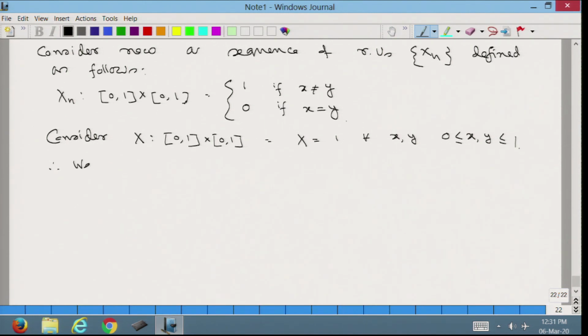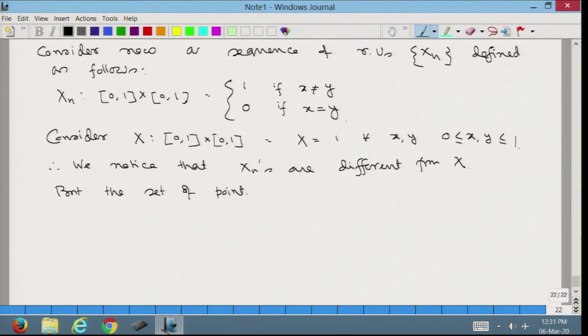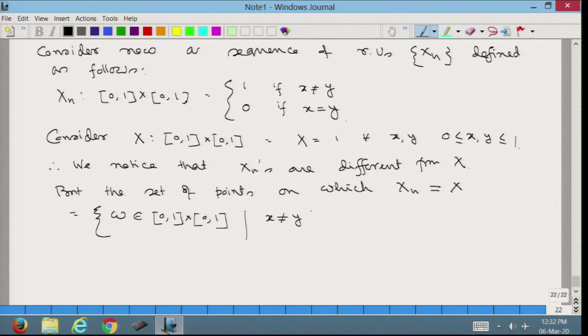Therefore, we notice that X_n's are different from X, but the set of points on which X_n is equal to X is all those omega belonging to [0,1] cross [0,1] such that x not equal to y.